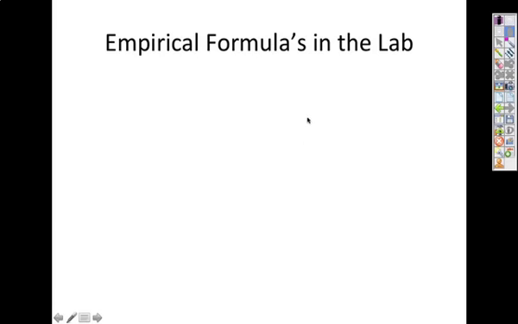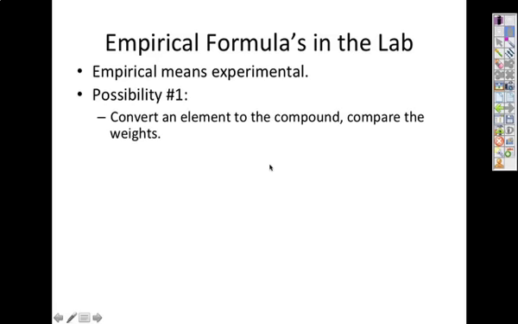Okay, when we are in the lab, like tomorrow, empirical actually comes from the word experimental. So one possibility we could have in the lab is that we're going to convert an element to the compound and then compare the weights.